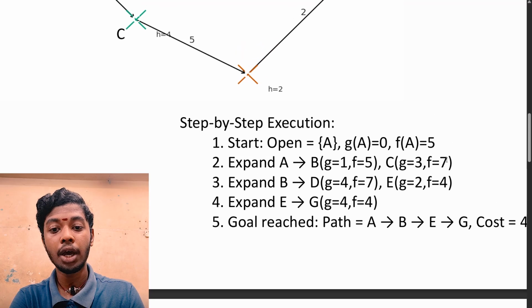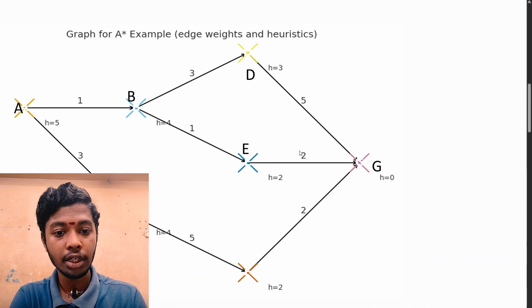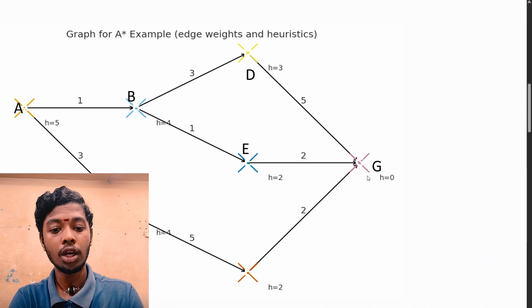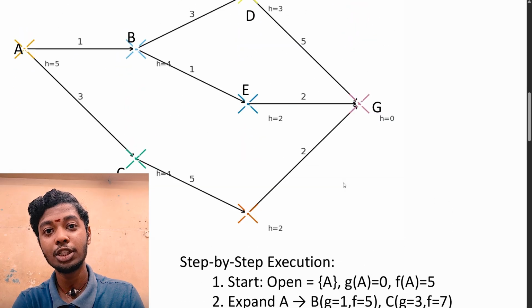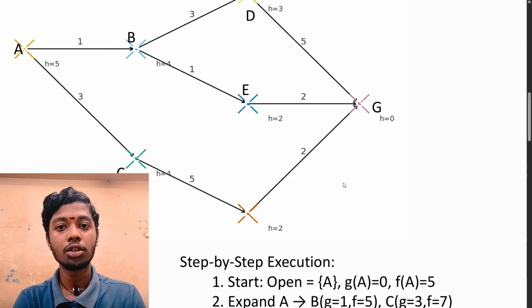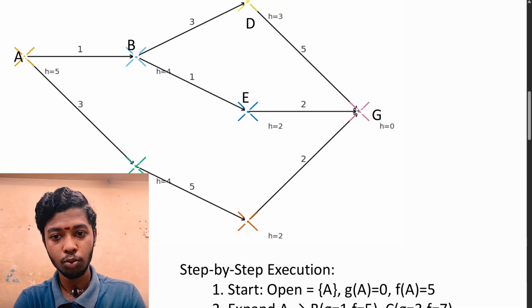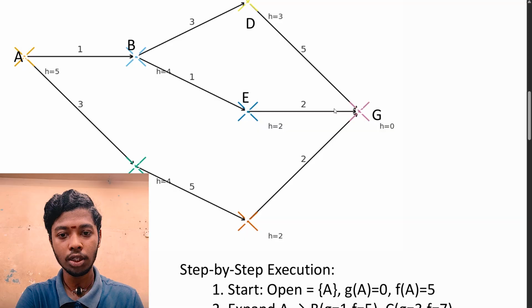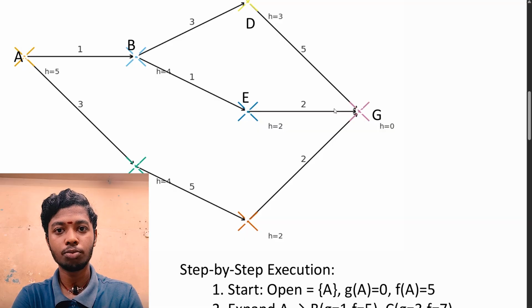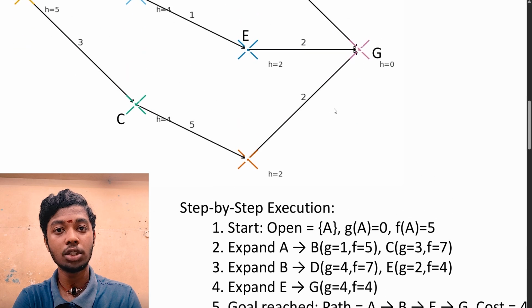Now we have to expand E, and we are getting G. The g value of G will be 1 plus 1 plus 2: A to B 1, B to E 1, and E to G 2. So 1 plus 1 plus 2 is 4, and the heuristic value of G is 0.